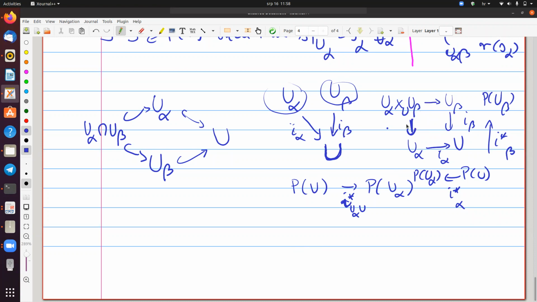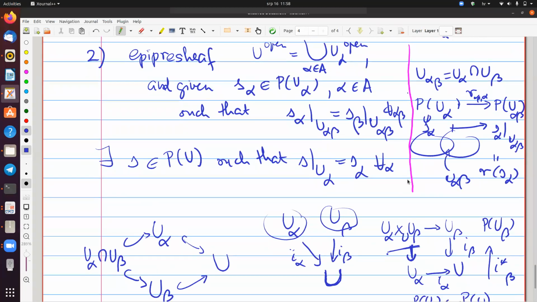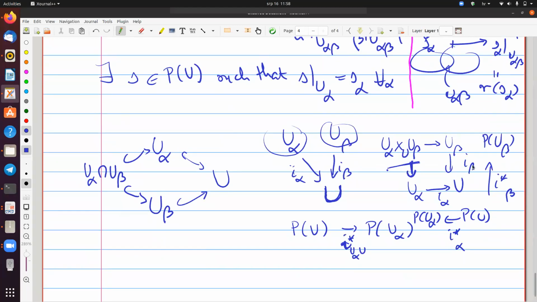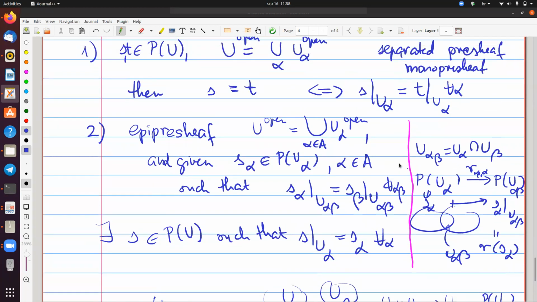This can be more general, with more general maps. And in such situations, you really have to be careful in which way you consider these elements in this double intersection.